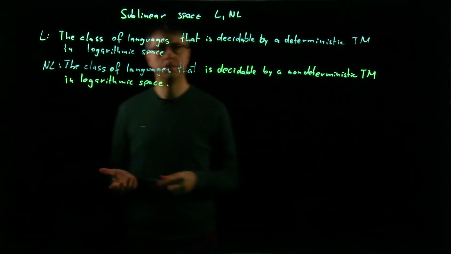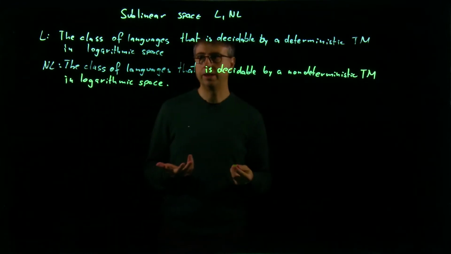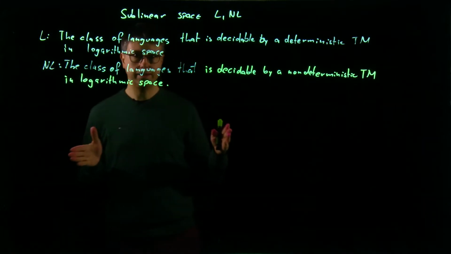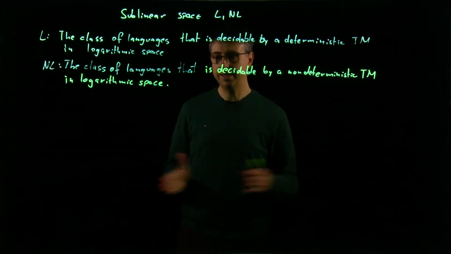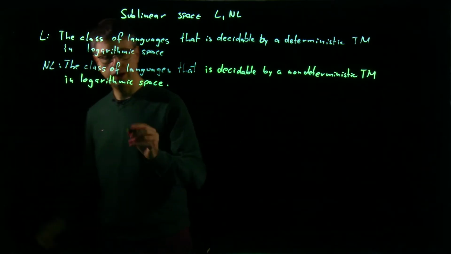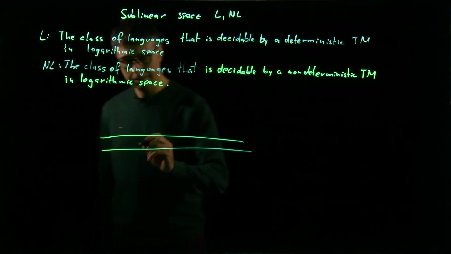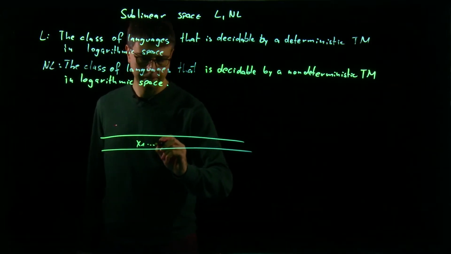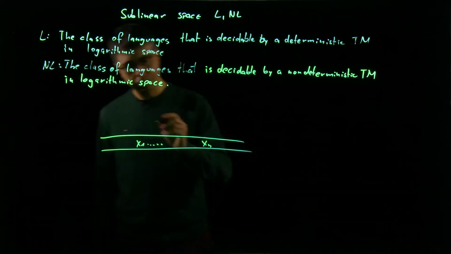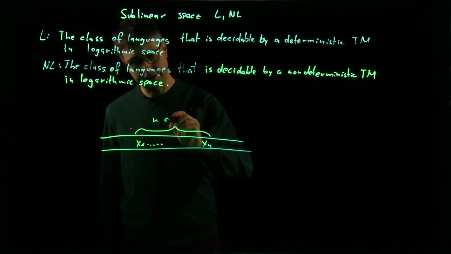And at this point you might wonder, how is this even possible, to have a Turing machine that uses logarithmic space? Logarithmic space means that the space the Turing machine uses is less than the input. Because if the input has size n, assume we have the input on the tape from x1 to xn, this input already takes, of course, n cells.